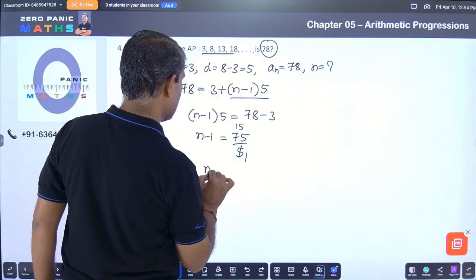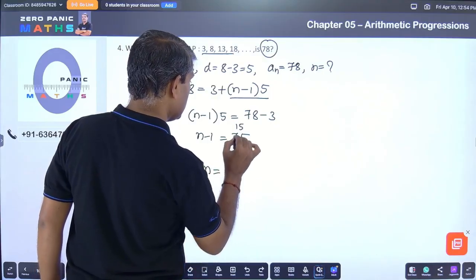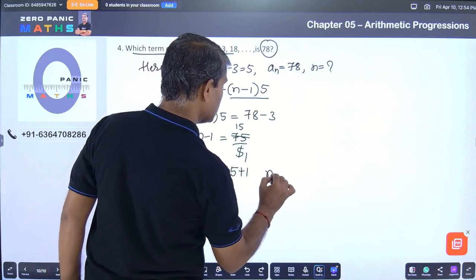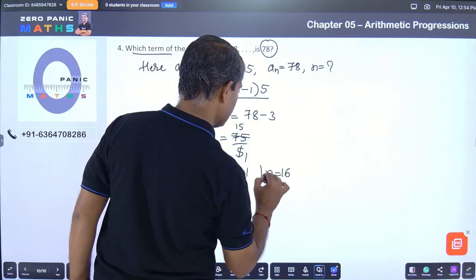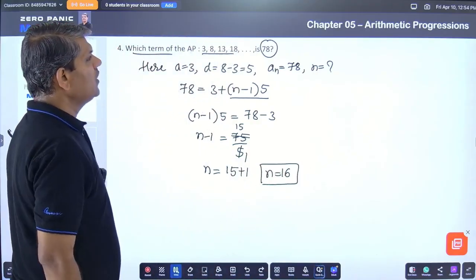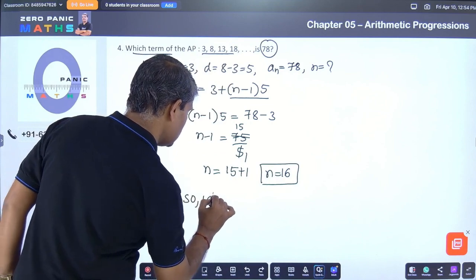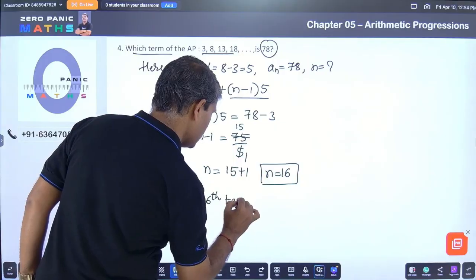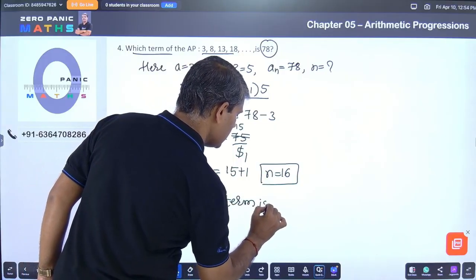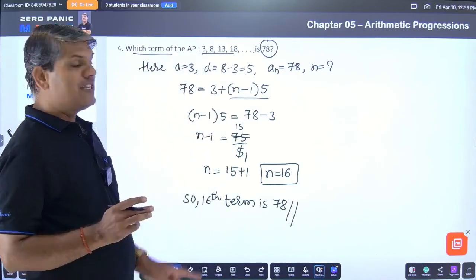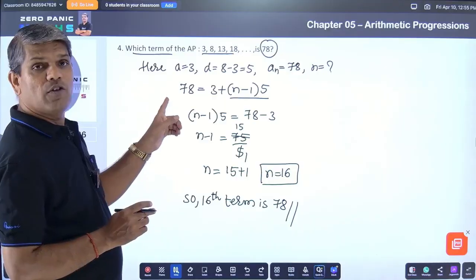So n minus 1 is 15, plus 1, that is n is equal to 16. So the 16th term is 78. This is the solution for the fourth problem.